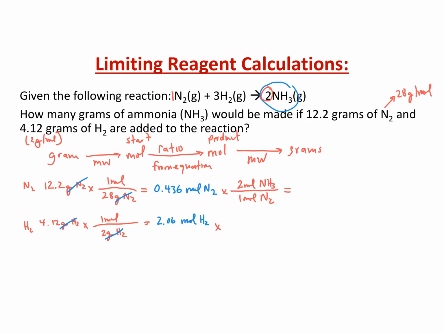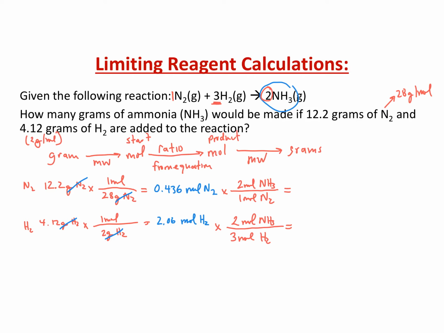And I want to do the same calculation for hydrogen, except for hydrogen, for every 3 moles of hydrogen in, 2 moles of ammonia come out. We need to make sure they're in the same units. Right now I've got moles of nitrogen, moles of hydrogen. Those are not the same units. Yes, they're both moles, but they're moles of different molecules, so I cannot compare them directly.